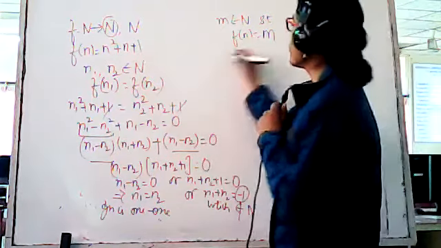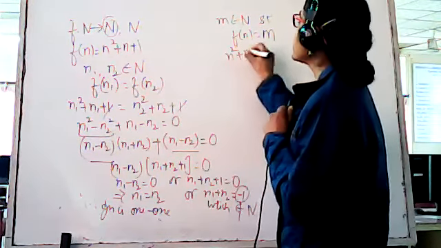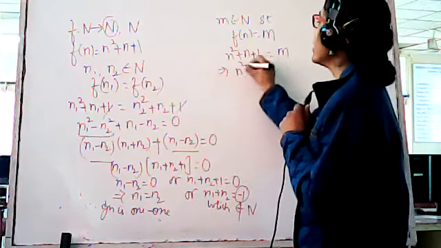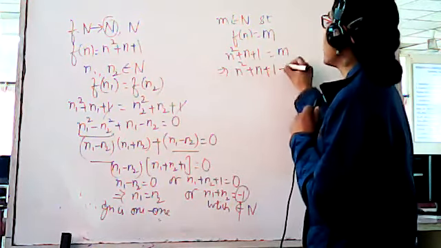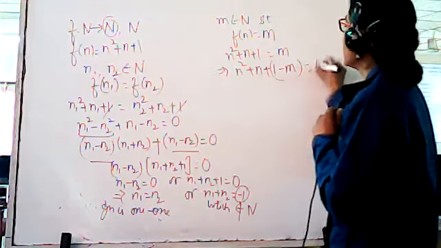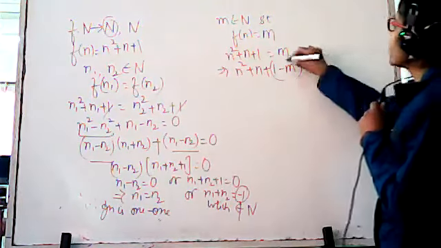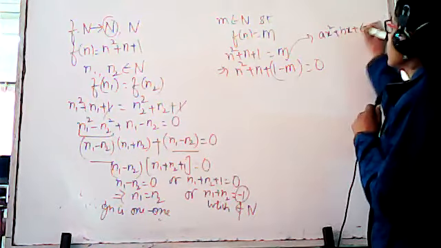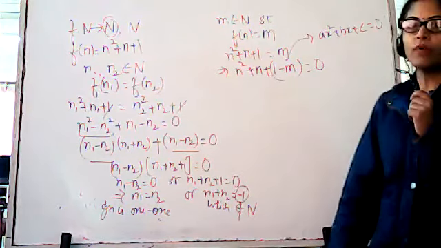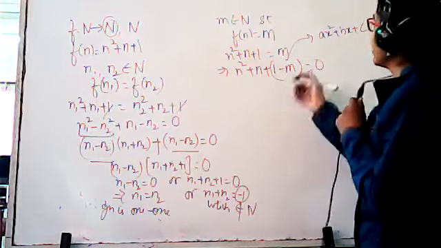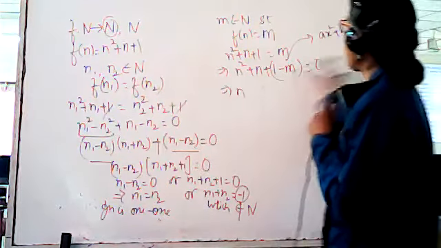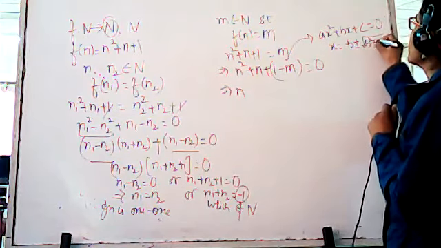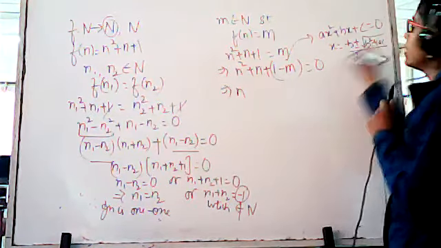Now the value of f of n is n square plus n plus 1 is equals to m. It can be written as n square plus n plus 1 minus m equals to 0. This is quadratic equation. Ax square plus bx plus c equals to 0. So how we can solve the quadratic equation? The value of x is given by minus b plus minus root b square minus 4ac divided by 2a.